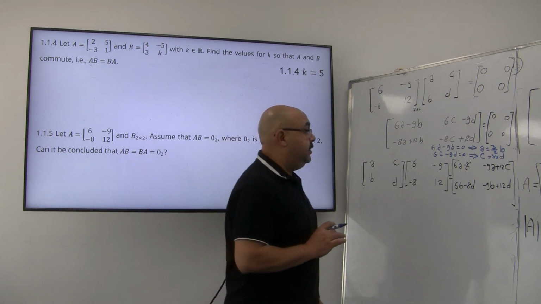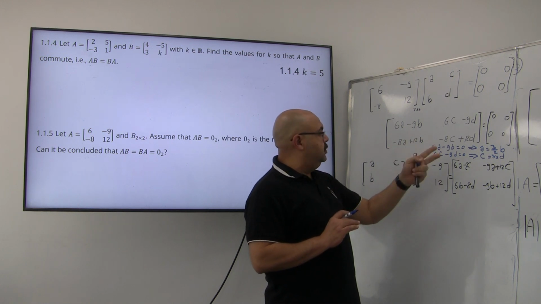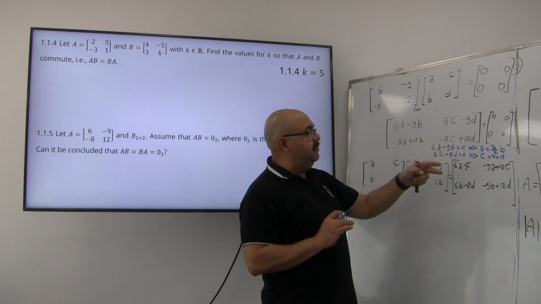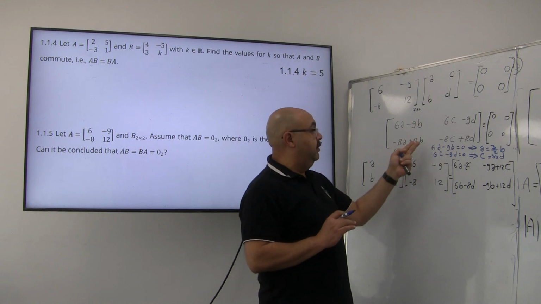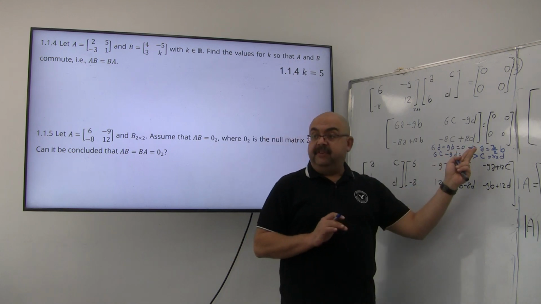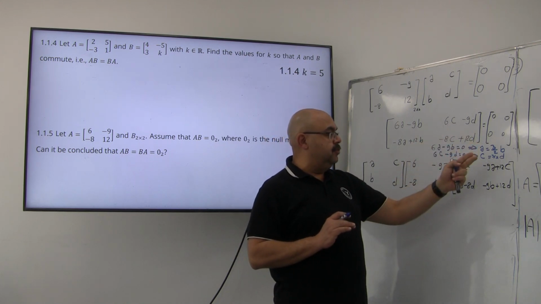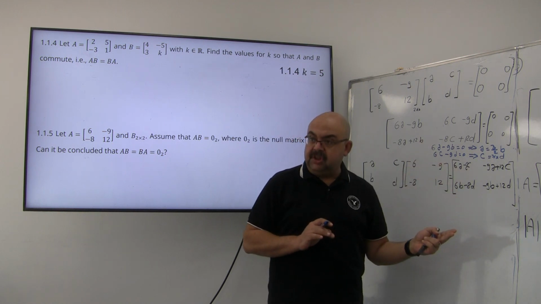In a similar manner, if I get negative 8a plus 12b equal to 0, you move 12b to the other side, it's going to be negative 12b. Once you divide by 8, it leads to almost the same.